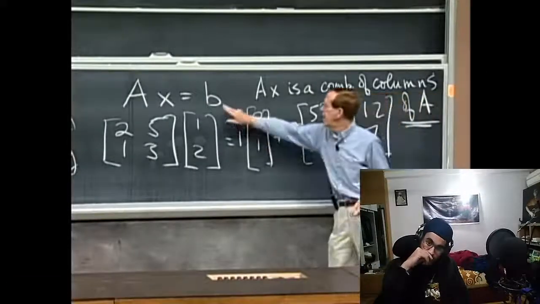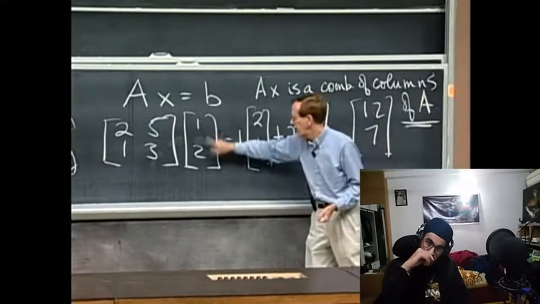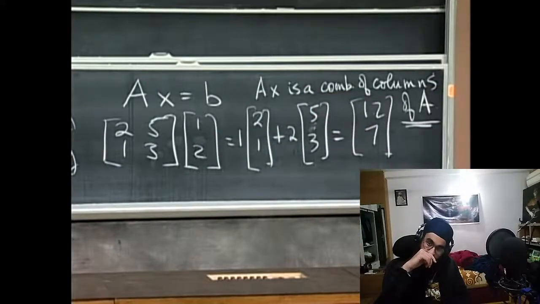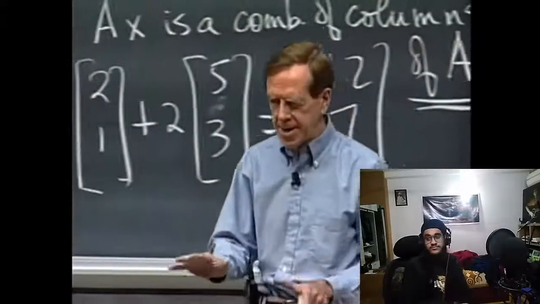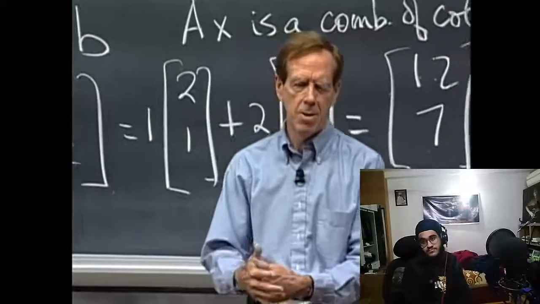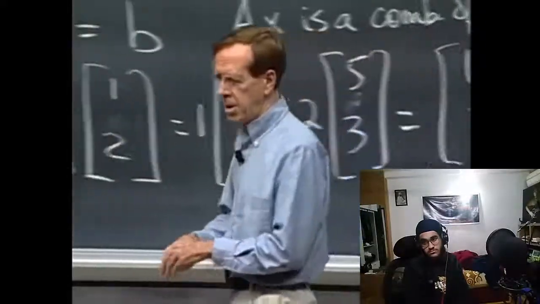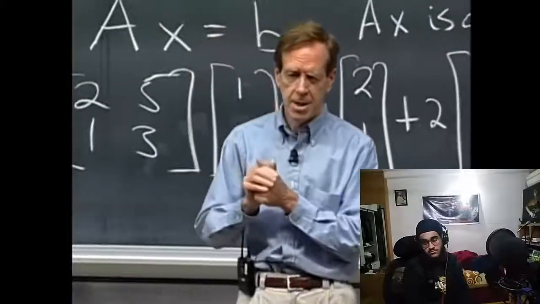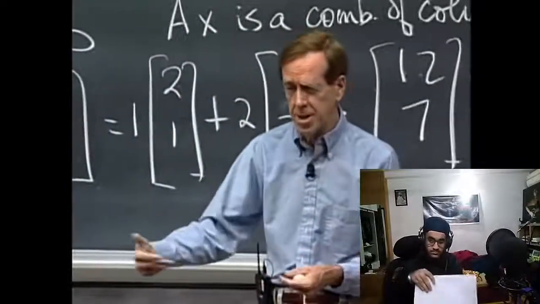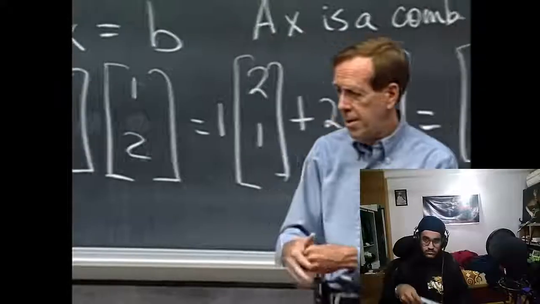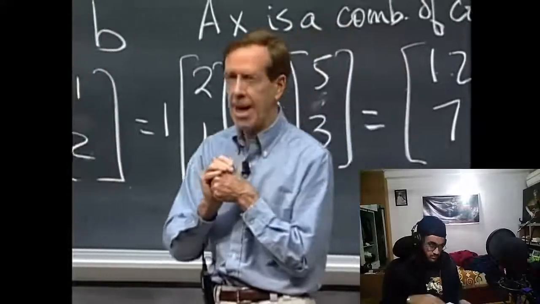And if the right-hand side b happened to be 12, 7, then of course the correct solution would be 1, 2. So let me come back next time to a systematic way using elimination to find the solution, if there is one, to a system of any size, and find out when there isn't a solution. Okay, thanks.